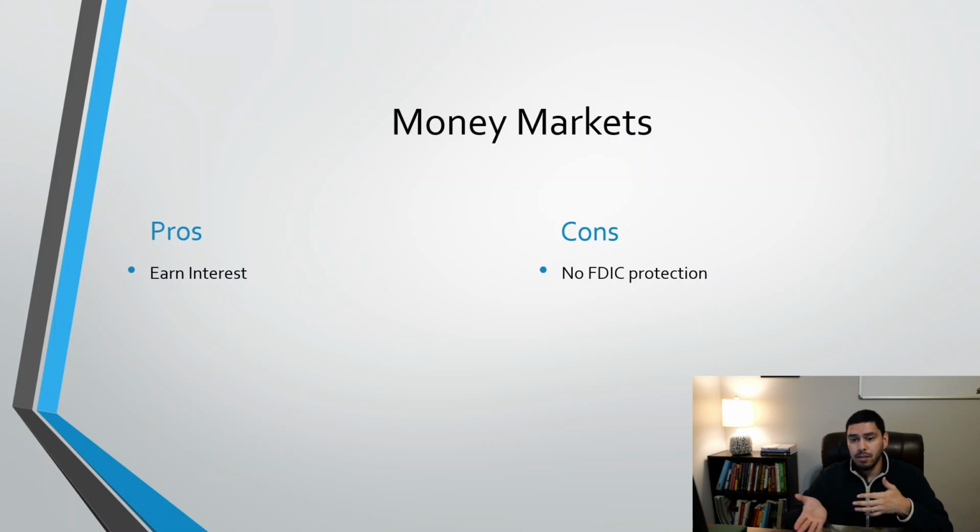A money market fund is a mutual fund, so it's not getting bailed out by the FDIC. Now, that's not to say that you're at huge risk there. A money market fund invests in debt that's 90 days or less, so it's not a whole lot of risk there unless something really bad happens in the next 90 days.